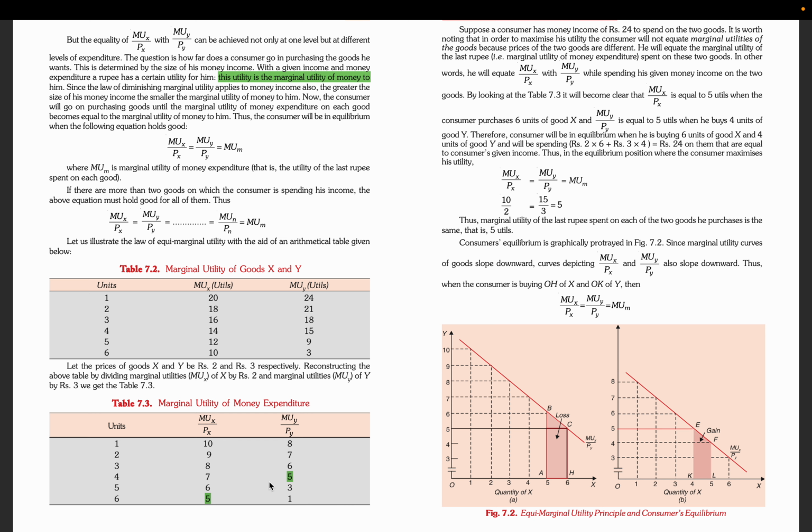Therefore, the consumer will be in equilibrium when he is buying 6 units of good X and 4 units of good Y, and he will be spending 24, which is the money income that he had, equal to the consumer's given income.